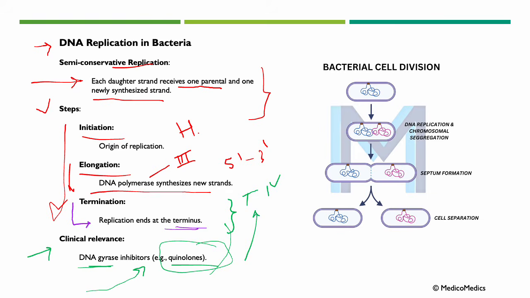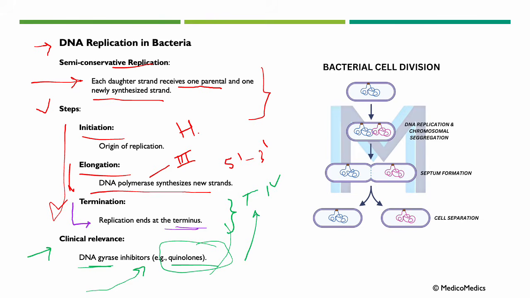So understanding bacterial replication is critical in antibiotic resistance mechanisms and in the development of new antimicrobial therapies. We could also mention rifamycins like rifampin, another antibiotic which inhibits RNA polymerase. So it blocks bacterial transcription.